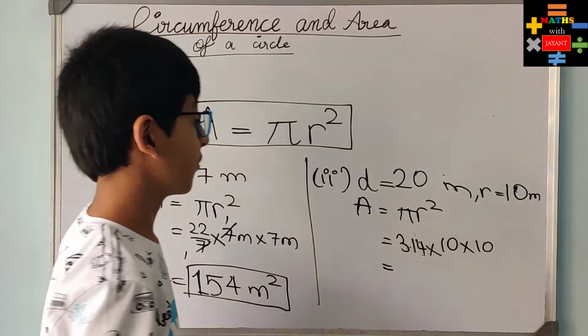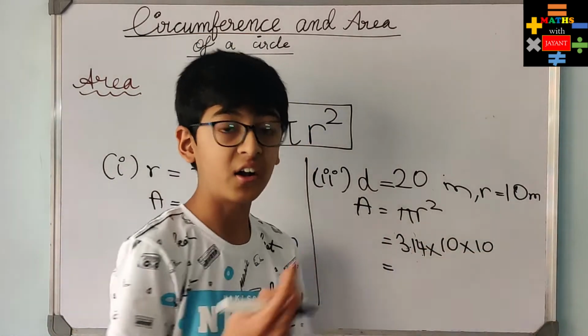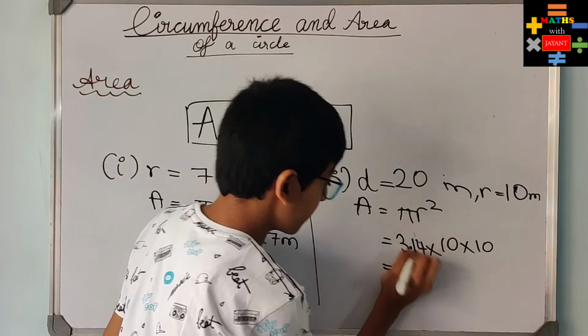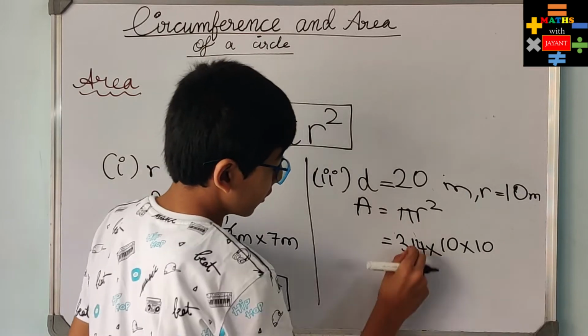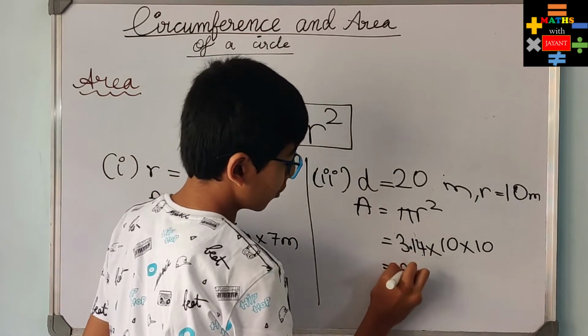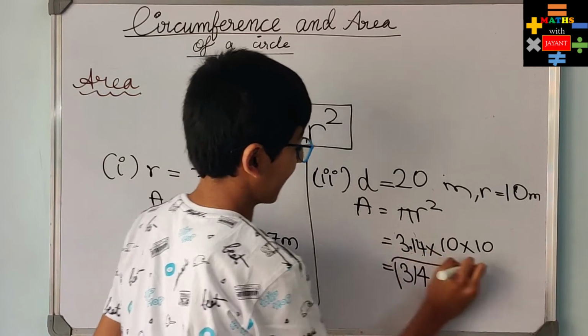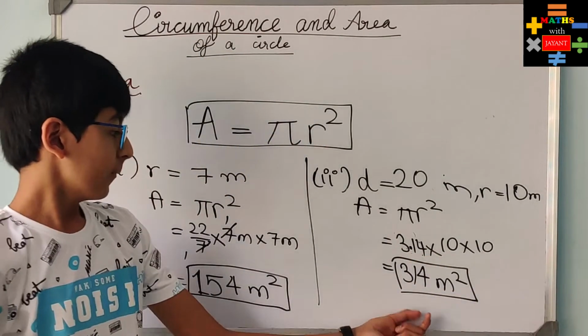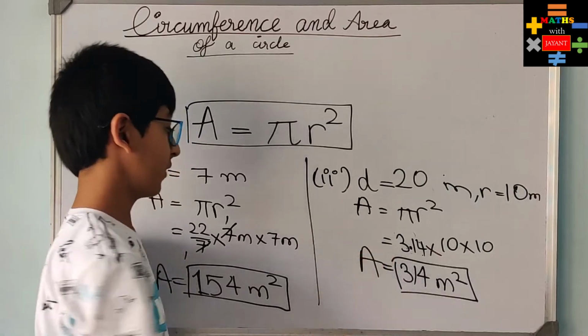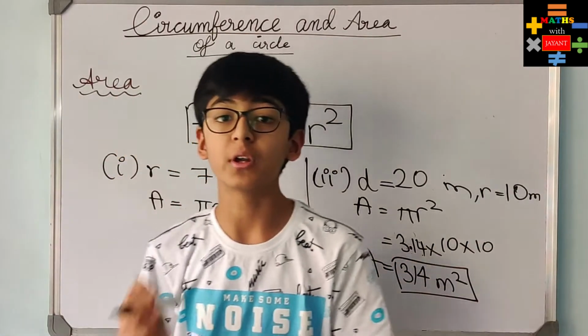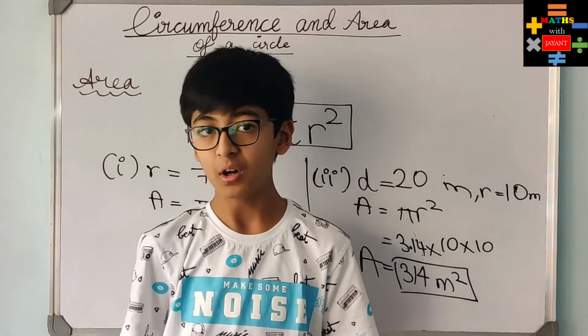So 3.14 into 10 into 10. 10 tens are 100. Now I need to multiply 3.14 with 100. The decimal point will shift 2 places. This will become 314 meters squared. Okay, so the area of the circle where the diameter is 20 meter is going to be 314 meters squared.